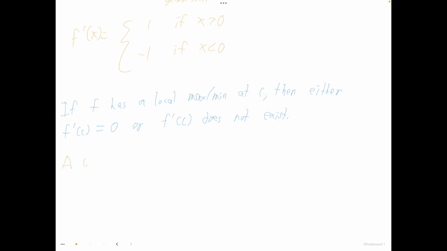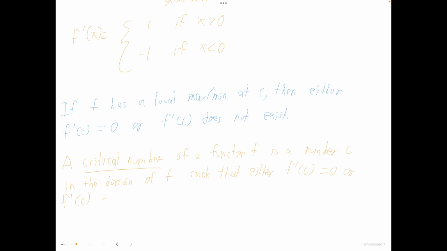A critical number of a function f is a number in the domain of f such that either f prime of C equals 0 or f prime of C does not exist.